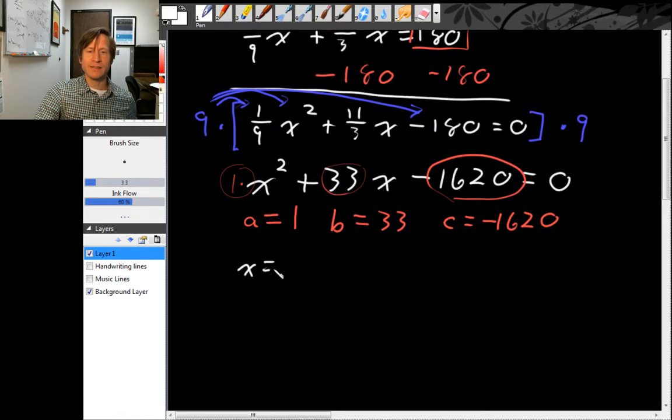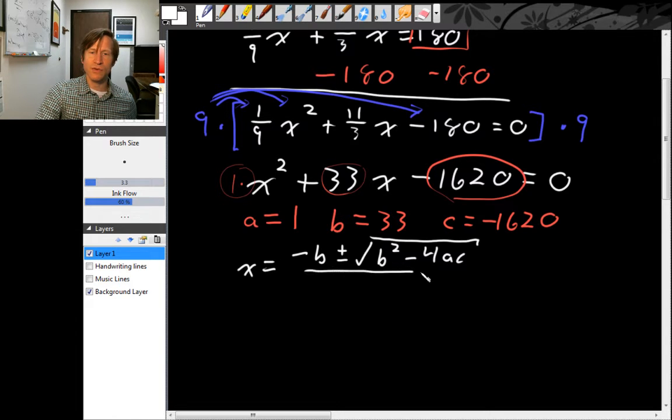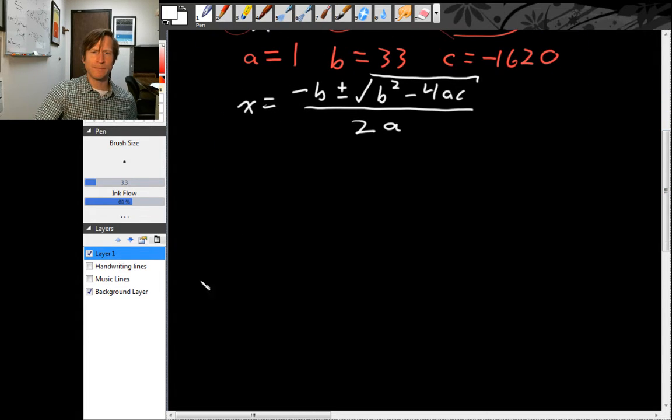So we get x equals, remember the quadratic formula is negative b plus or minus the square root of b squared minus 4ac, so square root of all that, over 2a. And so let's put everything in.